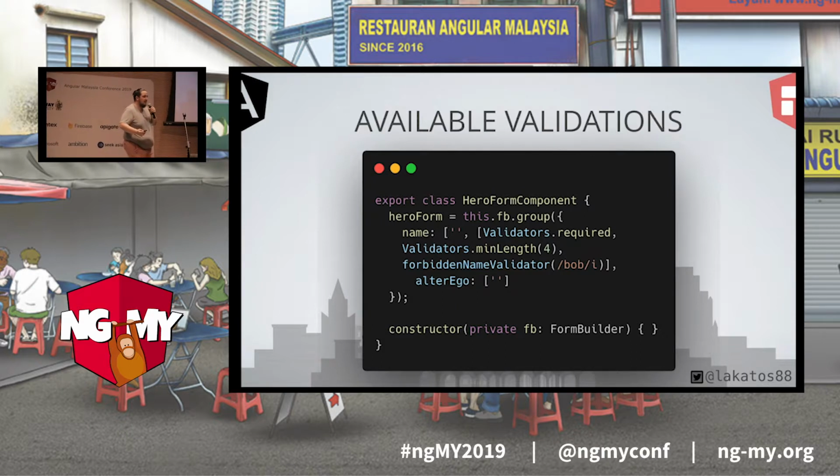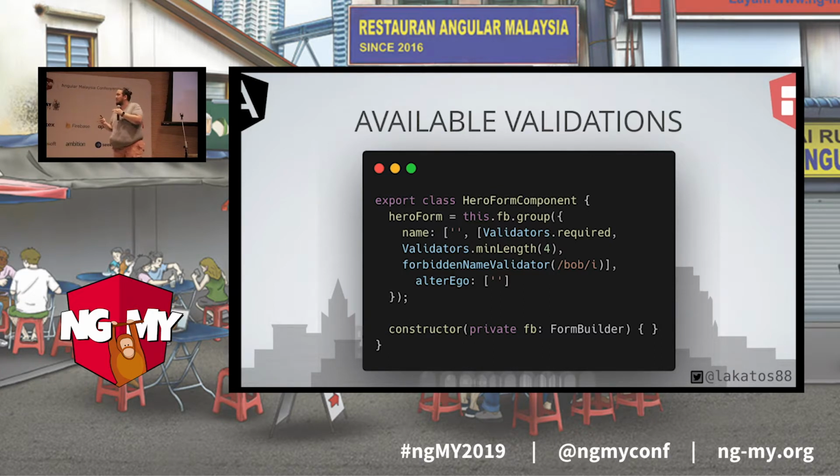Now, a bunch of validators come in with the validators module in forms, and those map one-to-one to your HTML validators. So for example, Validators.required is going to do the same as having required on your input field. Min length is going to do the same thing, but, and here's the kicker, you can have your own custom validators on top of it.